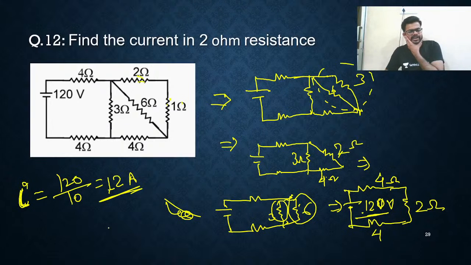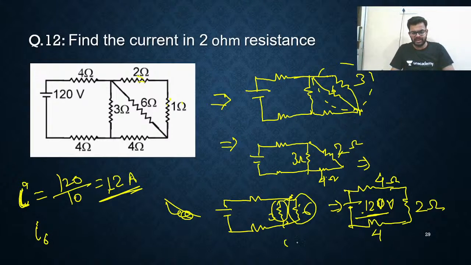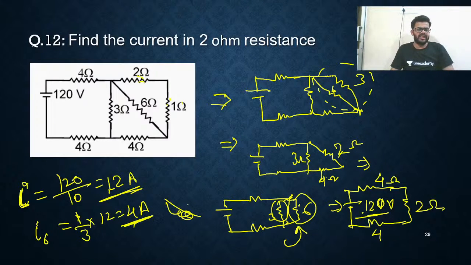Current will divide in the ratio of 1 is to 2. From 6 ohm 1 and from 3 ohm 2. So current passing through this 6 ohm branch will be 1 by 3 into total current. So you are getting 4 ampere current passing through this branch.